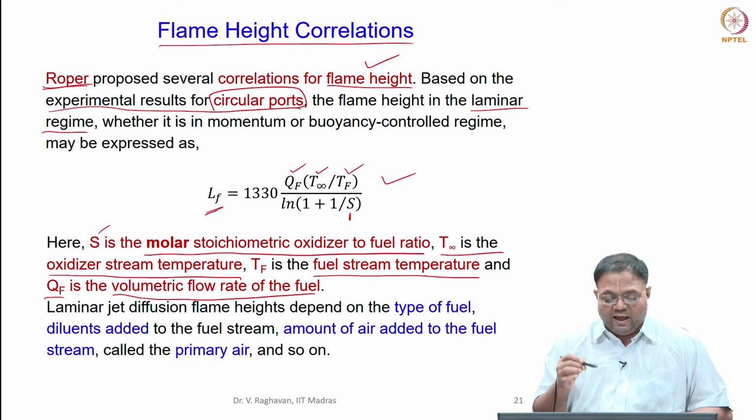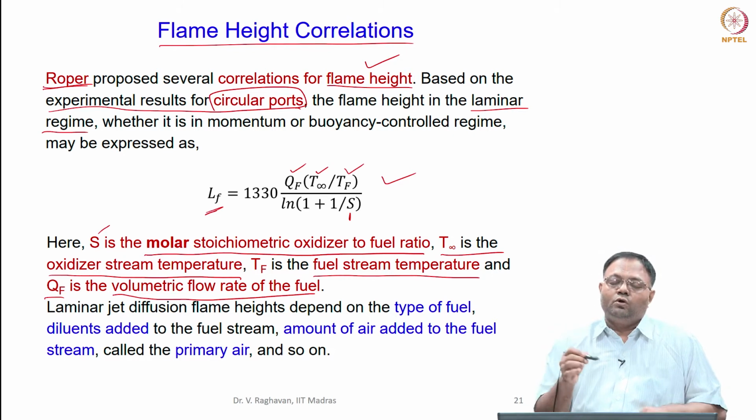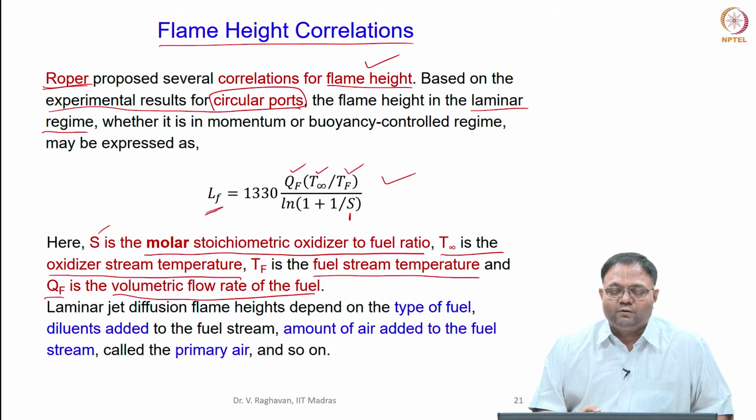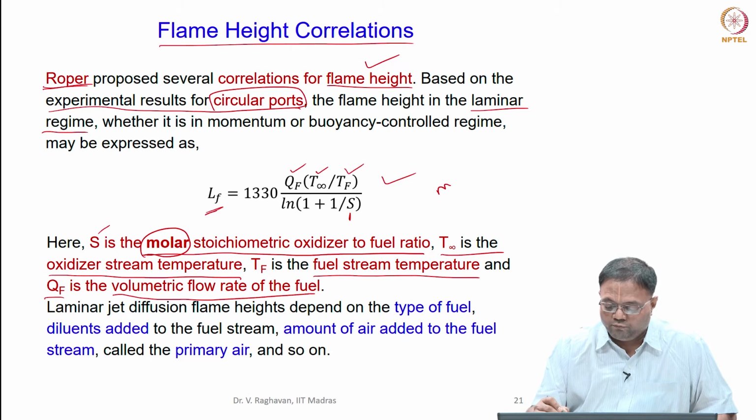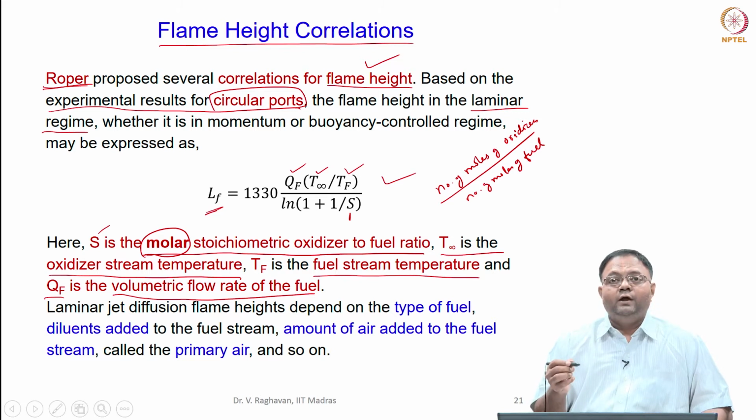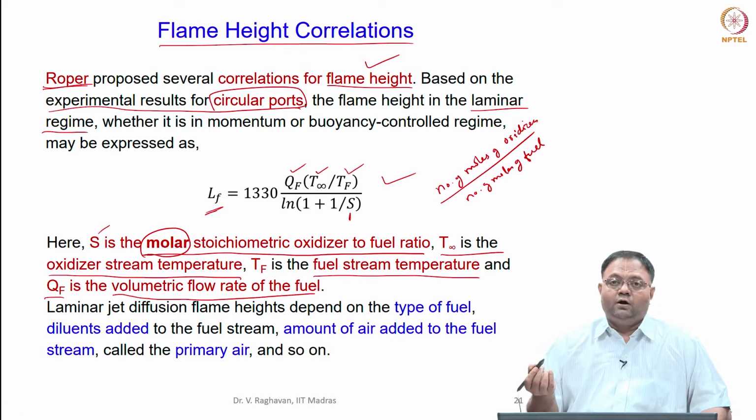Please understand, when I say air fuel ratio or oxidizer fuel ratio, in general we write it in terms of mass of the oxidizer divided by the mass of the fuel, but specifically the S used in the correlation is molar. So, that is the number of moles of oxidizer divided by the number of moles of fuel, considering stoichiometric combustion.